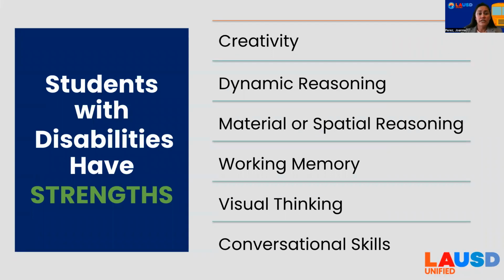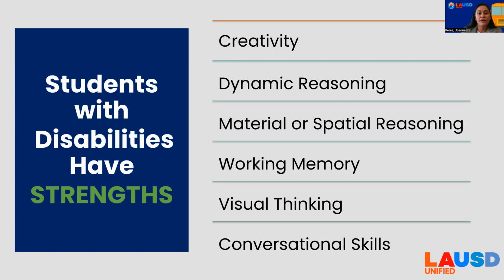Here are some of the strengths we see in our classroom with our students with disabilities. They are creative and they have dynamic reasoning, such as the ability to reason in novel situations. This is helpful for business or even the scientific field. Many of them have material or spatial reasoning.